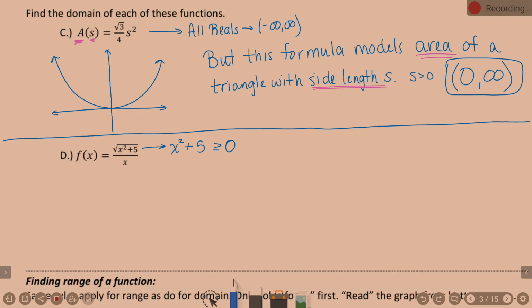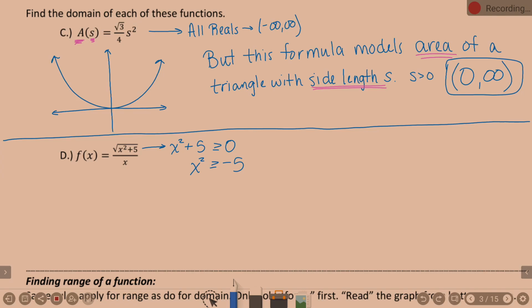Okay? If we start solving this, well, what am I going to do? Subtract the 5 over. X squared greater than or equal to negative 5. What's our next step? Square root.